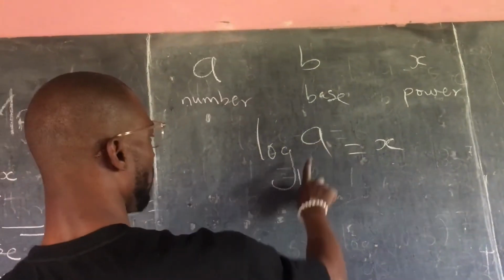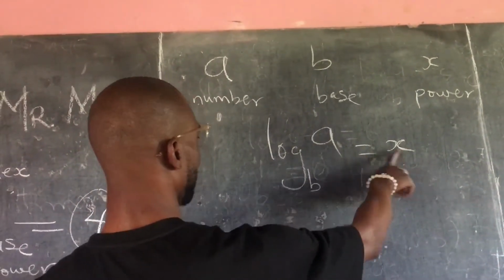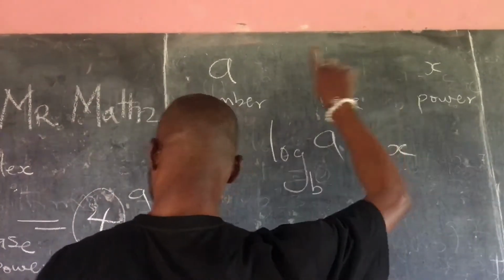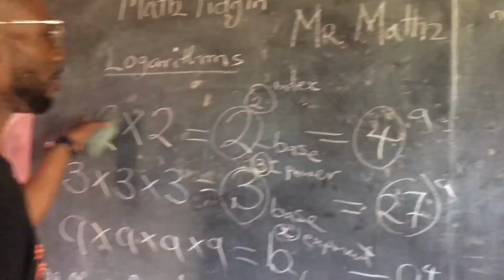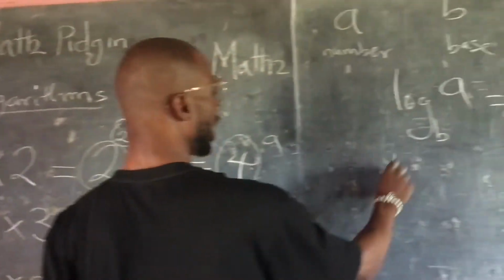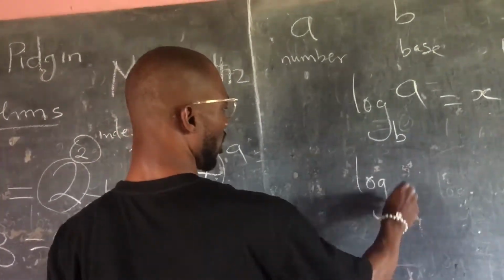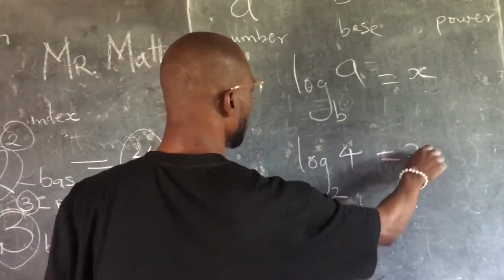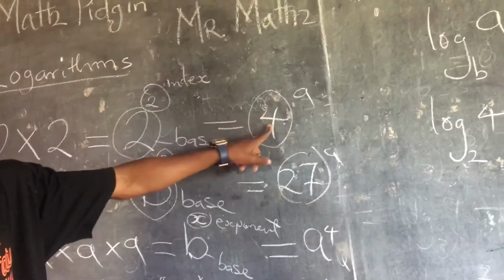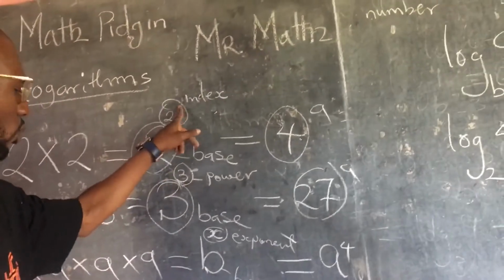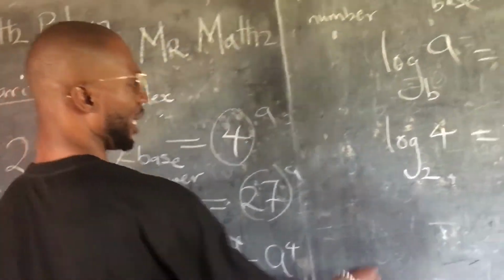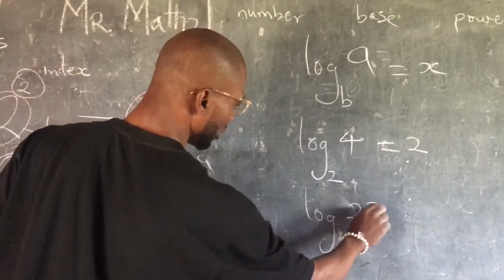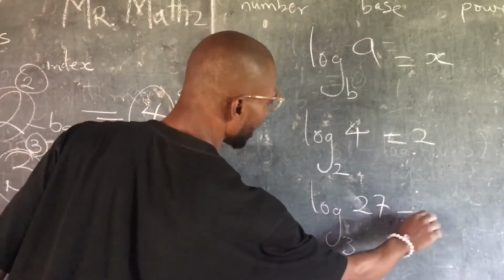The log of a to base b is equal to x, or the log to base b of a is equal to x. So if we use this example, wan express this, we go just say that the log of 4 to base 2 is equal to 2. So the log of 4 to base 2 na 2. And then here we go say the log of 27 to base 3 na 3.